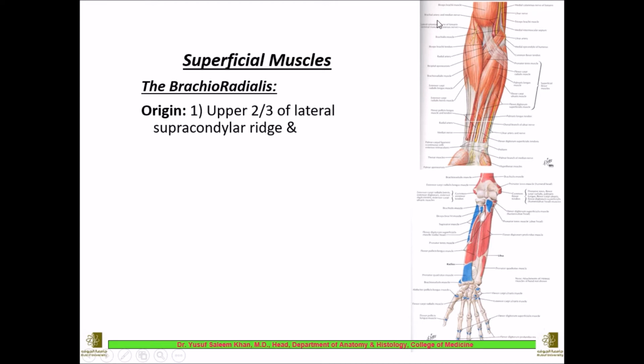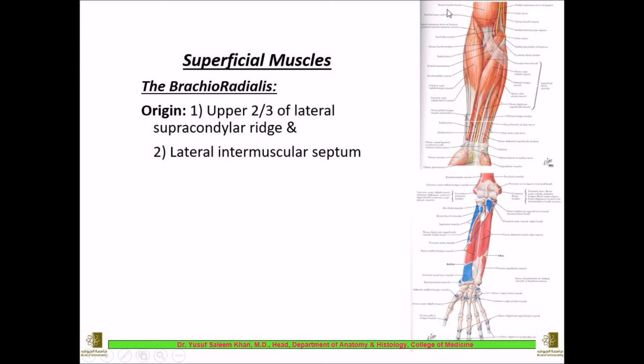So this is one origin of this muscle, from the upper two-thirds of the lateral supracondylar ridge, and some fibers also take origin from the lateral intermuscular septum. The intermuscular septum lies between the bone, the humerus, and a thin modified deep fascia, which goes all the way up to the total covering of the arm.